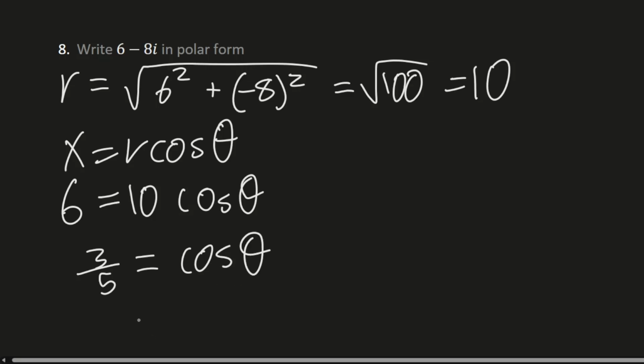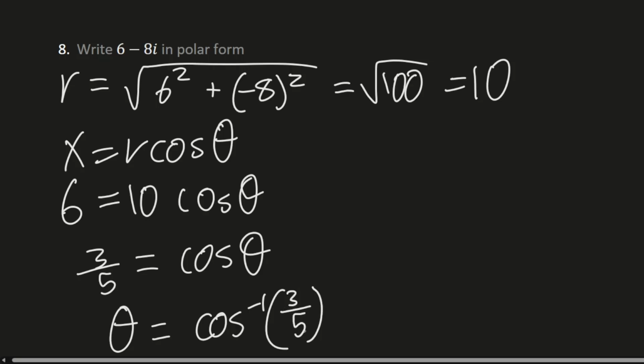And this is not a nice number to solve for, and so I will write this as theta is equal to the inverse cosine of 3 over 5. But wait, we're going to have to put a negative here, because if we look at the complex number, the real part is going to be positive, so it's going to go this way.